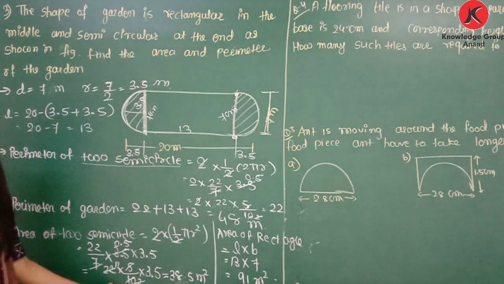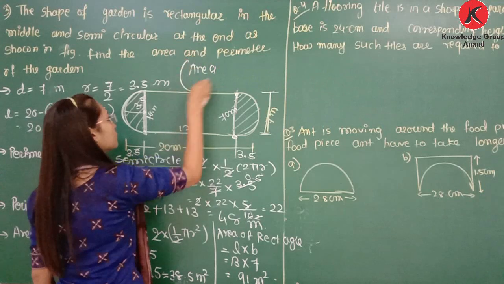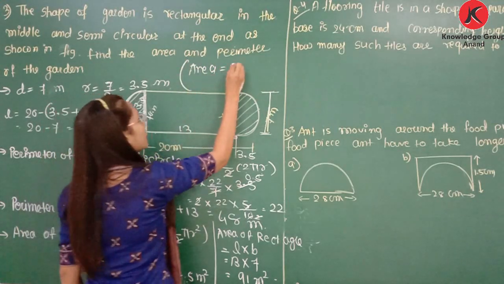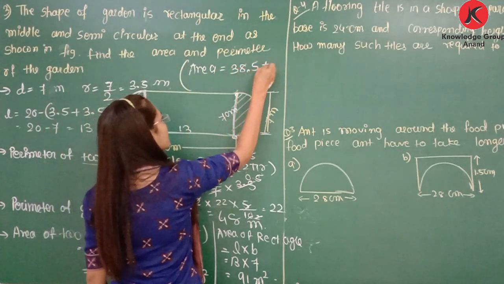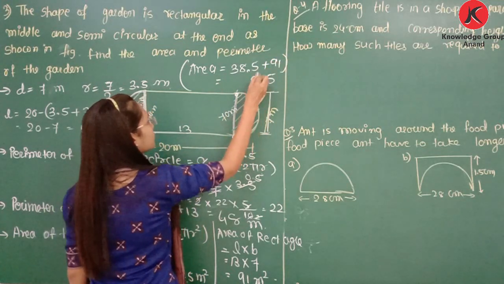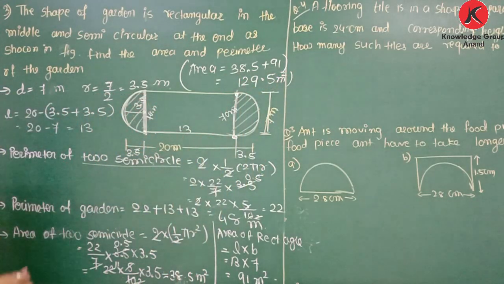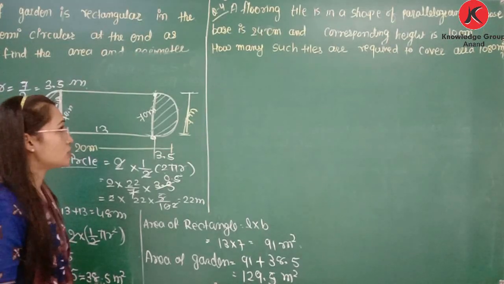So total area will be, we write it here, 38.5 plus 91. 129.5 meter square.